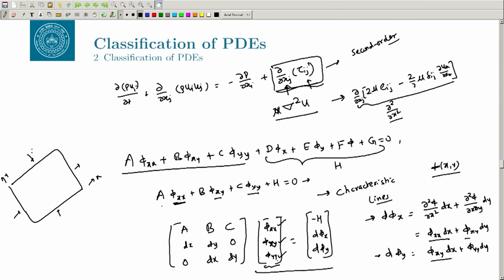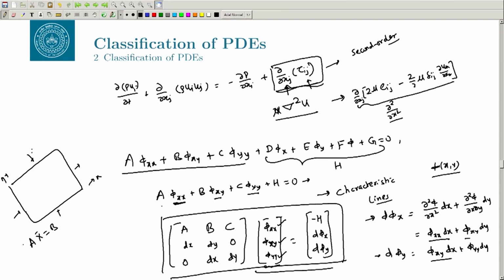I am sure you must have gone through linear algebra and solved this kind of linear system of equations, where you do A x equal to b, right, where x is a vector. It can have n number of elements, here it is 3, right.